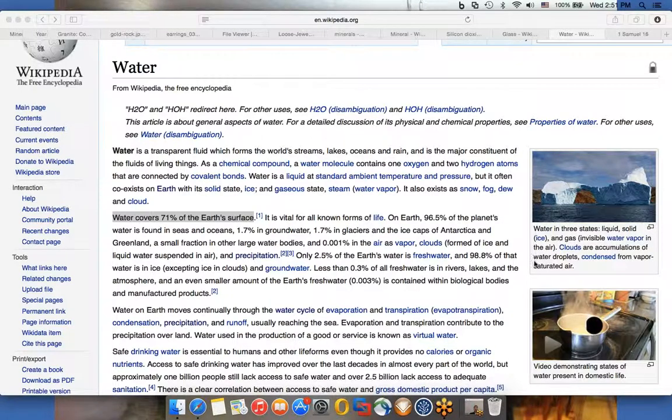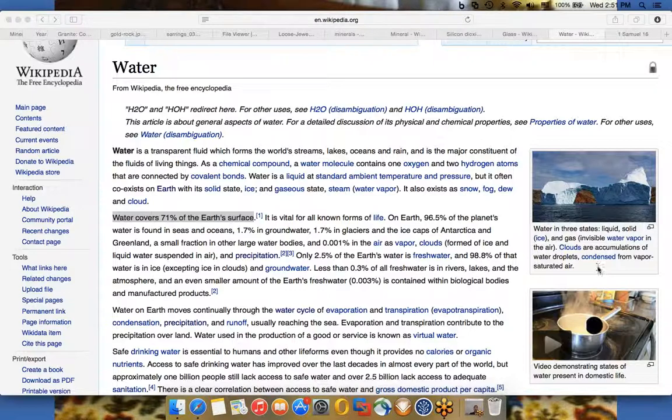Mm-hmm. So let's see. Riley says, Google says, water does not pass the test of being a solid, so it is not considered a mineral, although ice, which is solid, is classified as a mineral as long as it is naturally occurring. Thus, ice in an ice cube from the refrigerator is not.